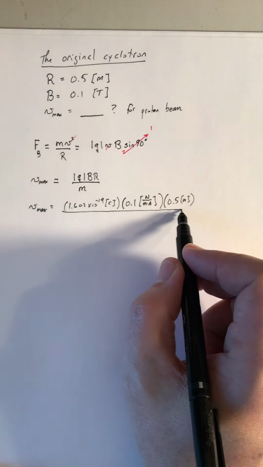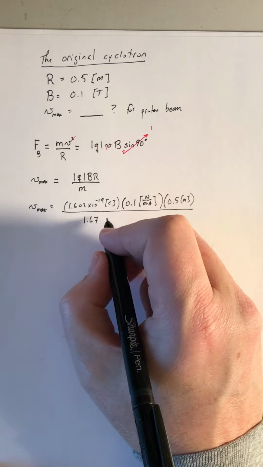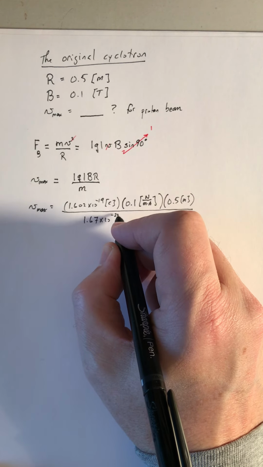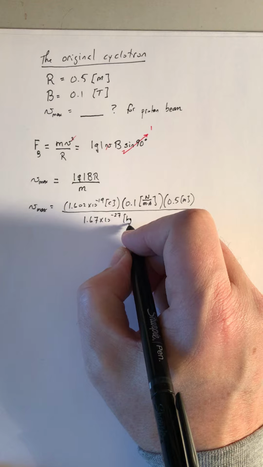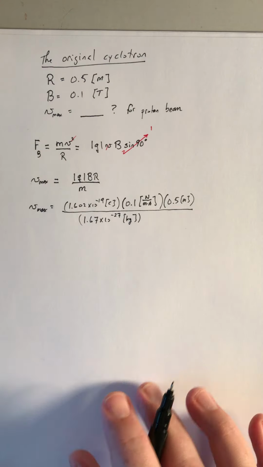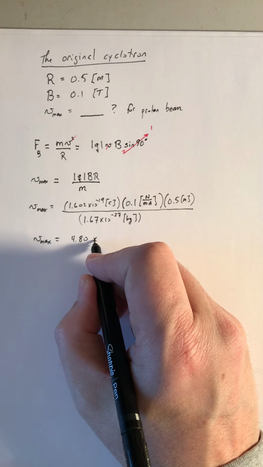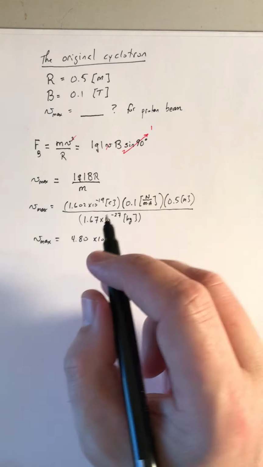And then we need to divide by the mass of a proton, 1.67 times 10 to the minus 27 kilograms. All right, so carry out that arithmetic. We're going to get v max 4.80 times 10 to the 6th.